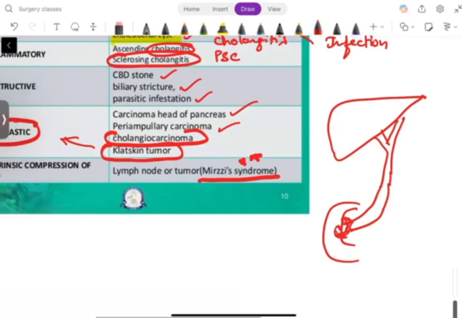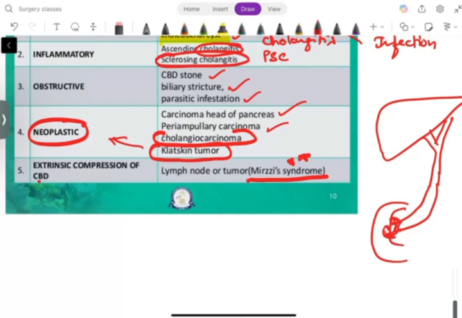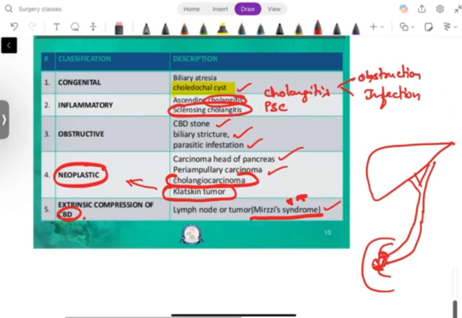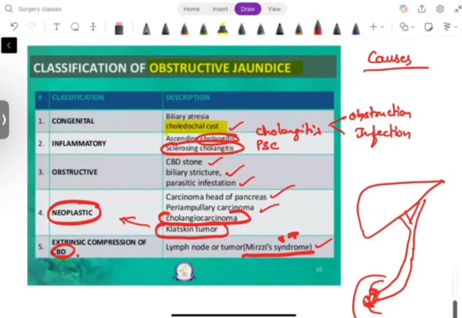Basically any external source that is compressing the common bile duct is called Mirizzi syndrome. So these are all causes for obstructive jaundice which we have discussed till now. We just need to think of it and put it in a separate table. So if they ask what the causes are, write all of this and we can just go on explaining these topics.